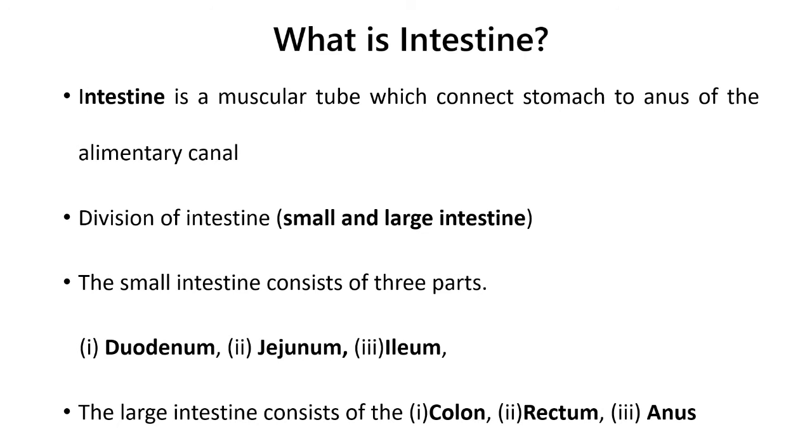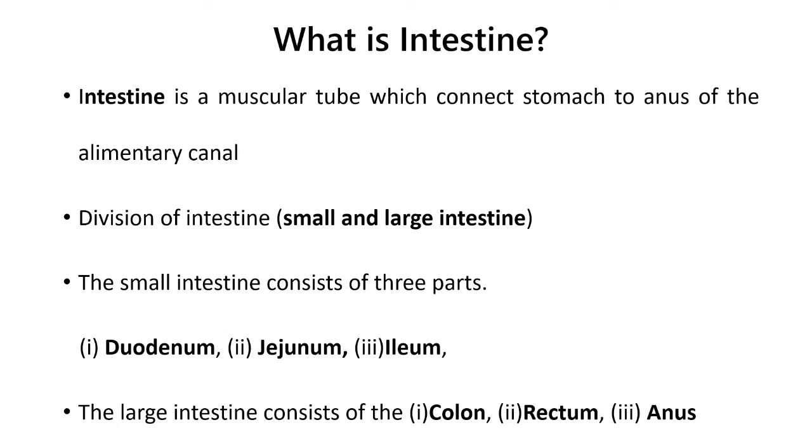Probably the maximum part of intestine is covered by small intestine, near about 60 to 70%, while large intestine covers 30 to 40% of intestine. So intestine is an important part of alimentary canal.